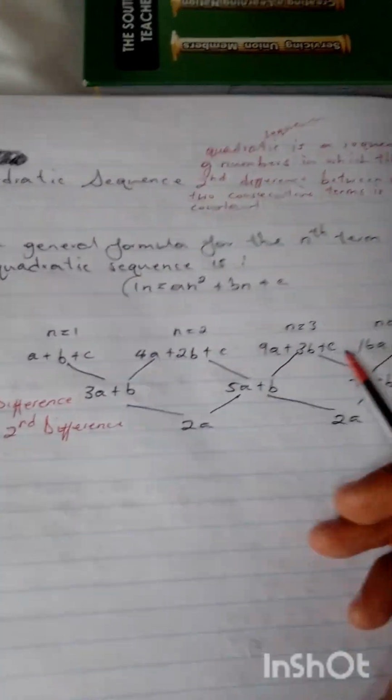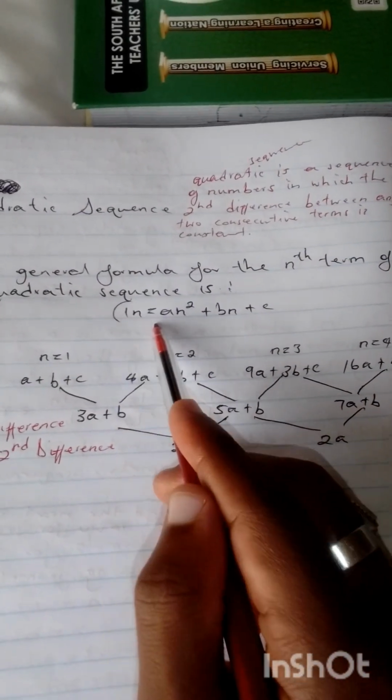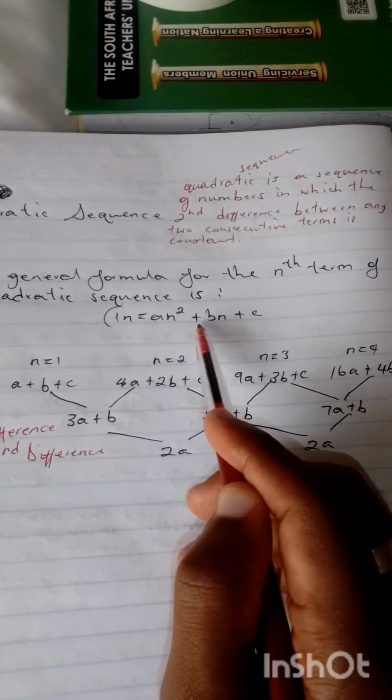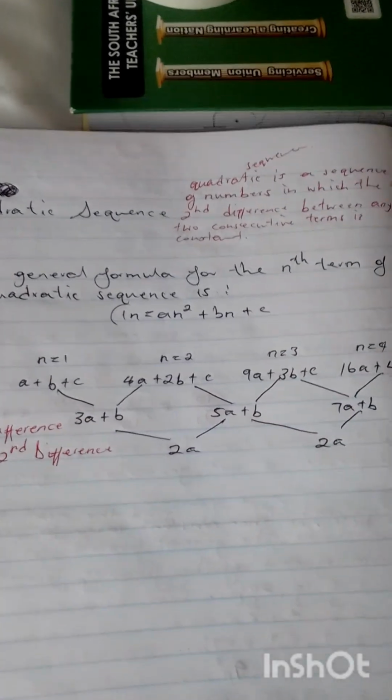Now, the general formula for the nth term of the quadratic sequence is Tn equals an squared plus bn plus c. Why do you remember that?